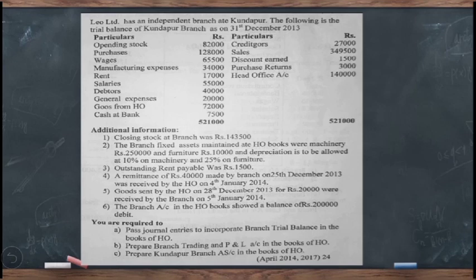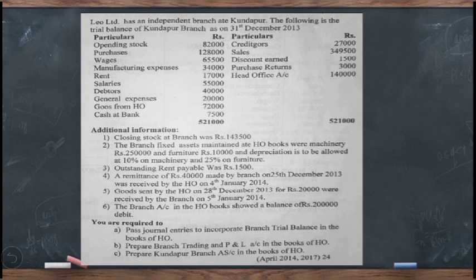Then on the credit side, we find creditors 27,000, sales 3,49,500, discount earned 1,500, purchases returns 3,000, head office account is showing a credit balance, that is 1,40,000.